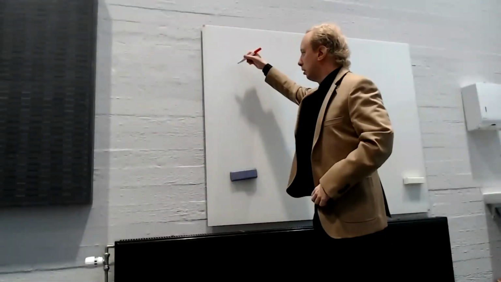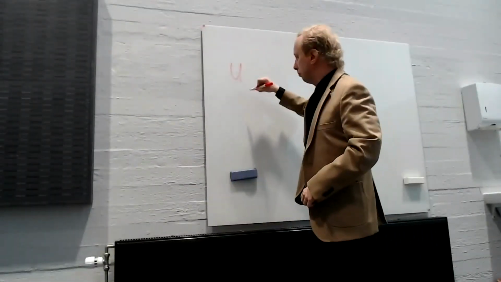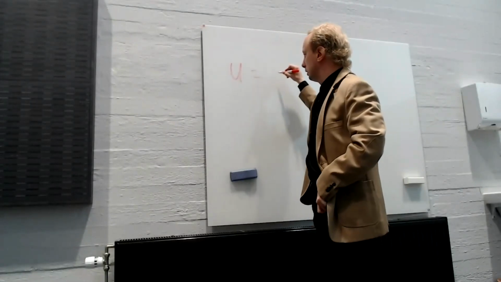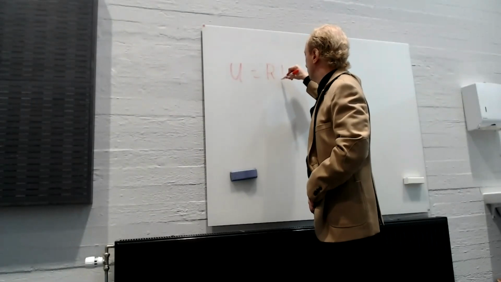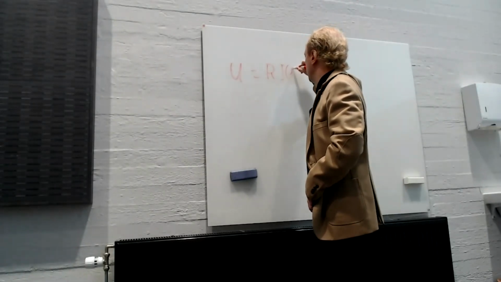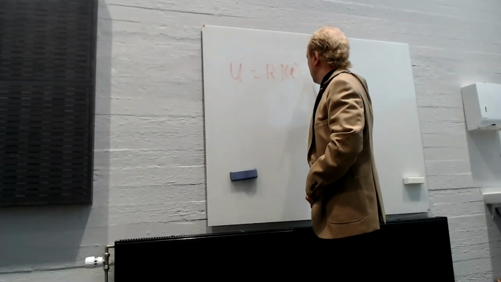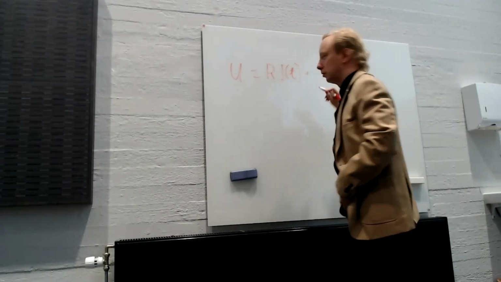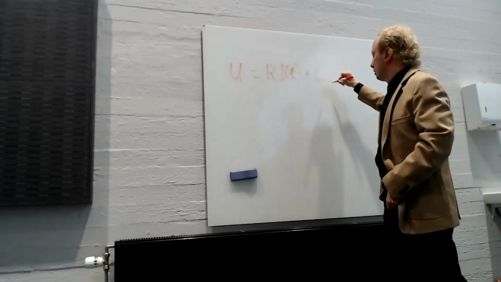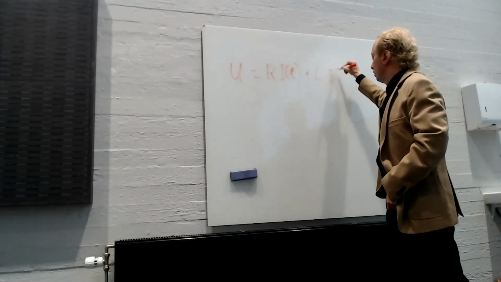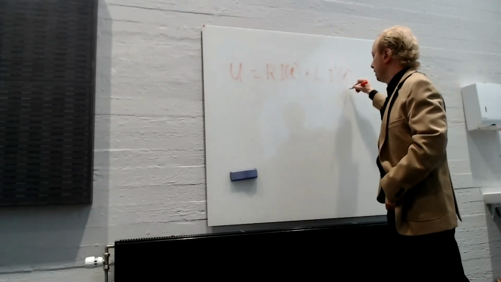So we're having a constant u, which is R times the function I plus L times the derivative of the function in t.